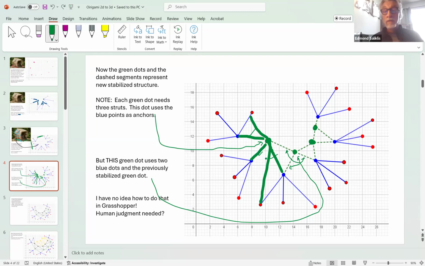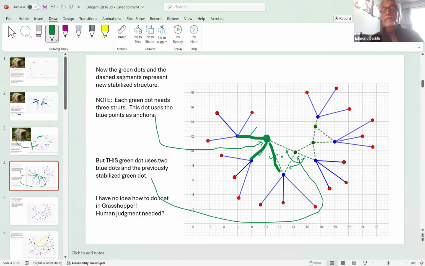All right, so let me show this now. Let me back up a little bit here. This node is stable because I went to blue, blue, blue. And the blue was stable because it went to red, red, red. These will be in the air later.